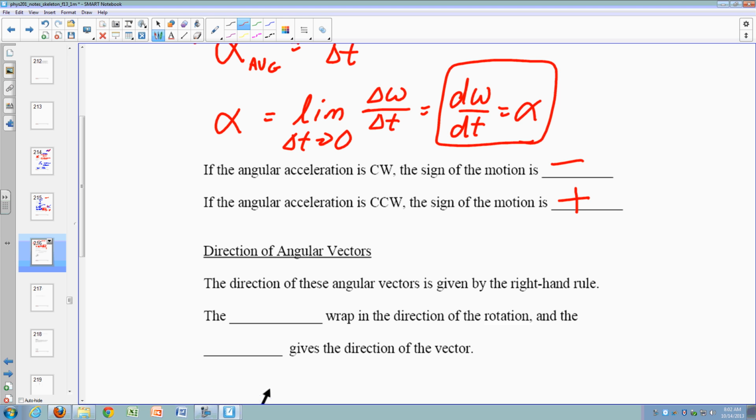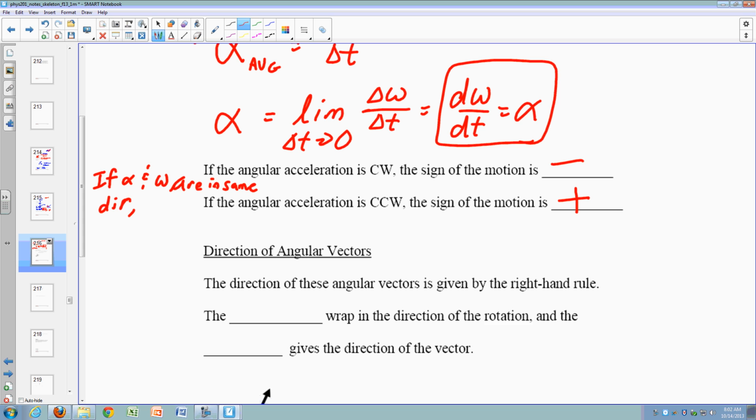Also, all that business that we had before, let me just write these rules. Let me see if they come up later. They do not. So let me just write the rules. So remember, if alpha and omega are in the same direction, it's what, speeding up or slowing down?